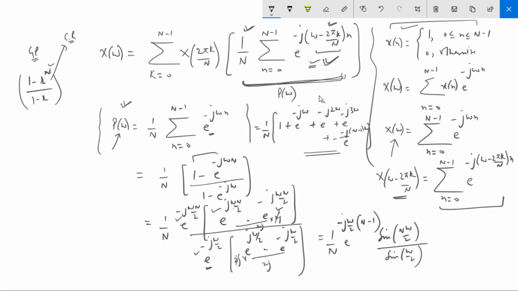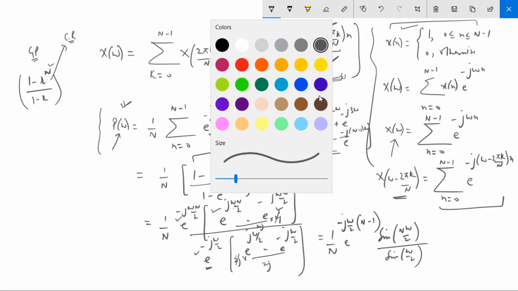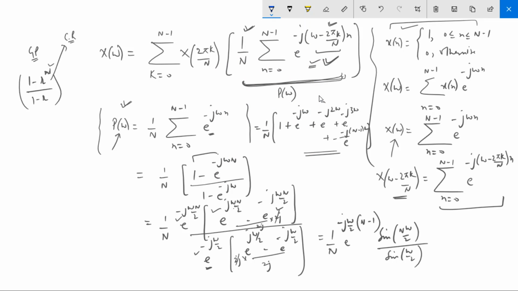Okay, so this is my interpolation function, right? Using this interpolation function, I can express this equation of X(omega) like this.